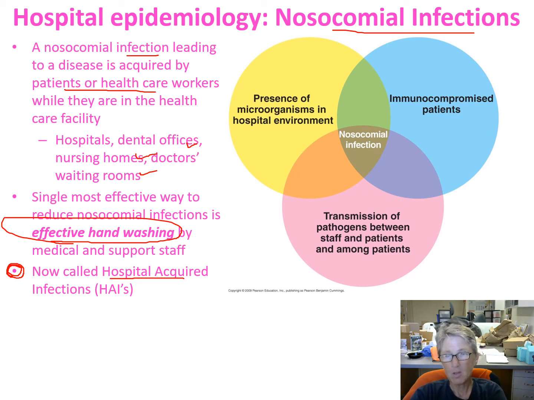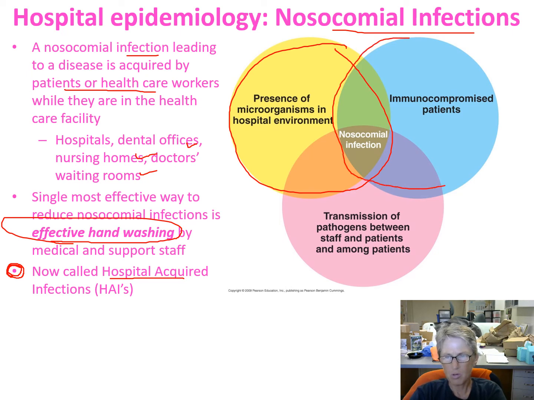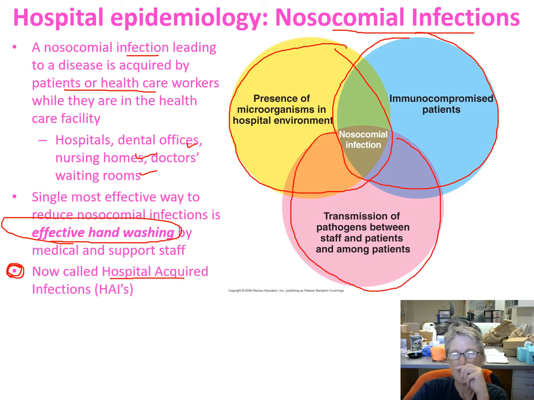So then this is, remember Venn diagrams? When did you learn those? Did we learn those in grade school or junior high school? So in a Venn diagram, in the yellow circle, the presence of microorganisms in a hospital environment. The blue circle, immunocompromised patients. The pink circle, transmission of pathogens between staff and patients and among patients. And where they all come together, that's a hospital-acquired or nosocomial infection.